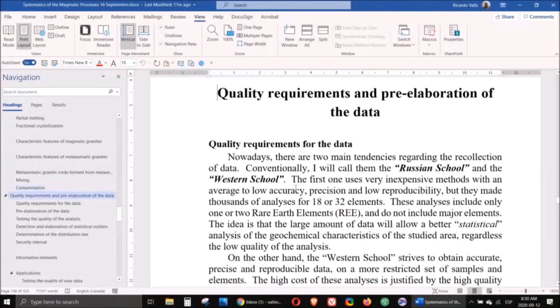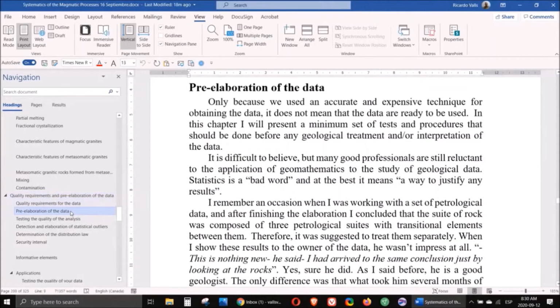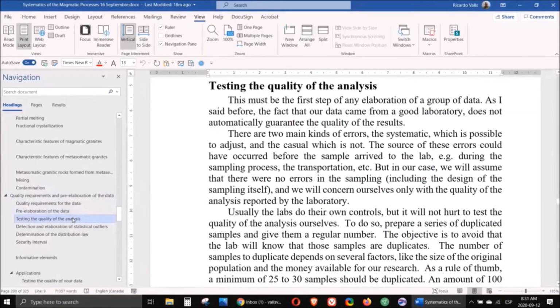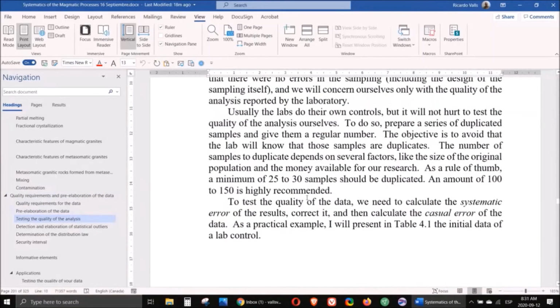So there is a section in the book for the quality requirements and the pre-elaboration of your data. These include, of course, the use of quality controls, the pre-elaboration of the data, the minimum things that you need to do. For example, testing the quality of the analysis.